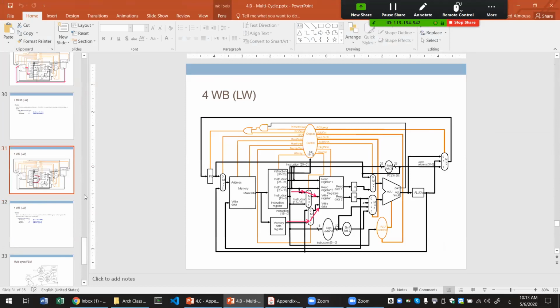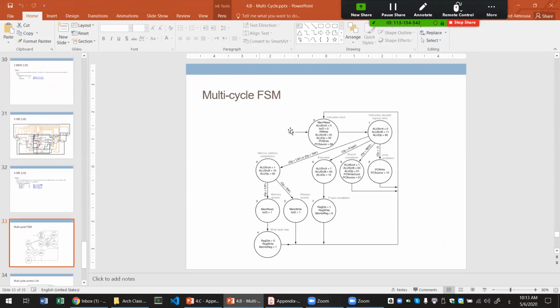So we finished the flow diagram for all the instructions and just to remind you, we had 10 states. State 0 is where we do instruction fetch, and instruction decoding was common for all of these states.